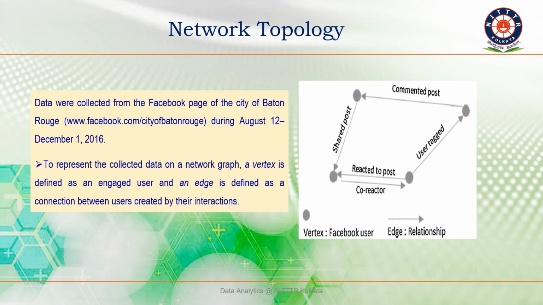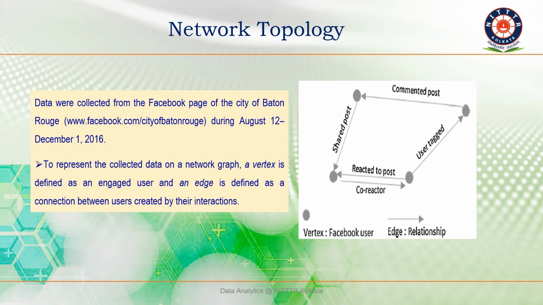Here you can see the network topology, how the social network analysis was implemented and what kind of data was gathered from the Facebook page. The data were mainly collected from the Facebook page of the city of Baton Rouge during the time period already mentioned.